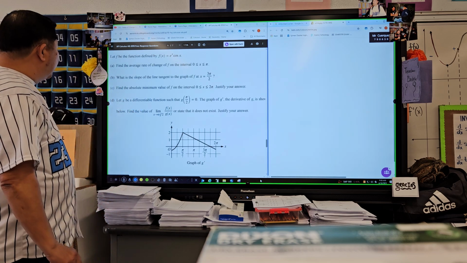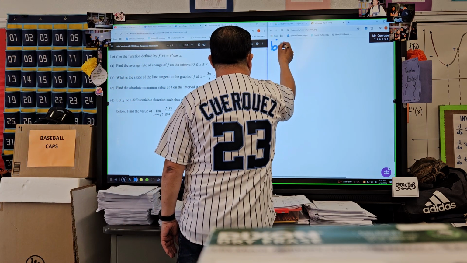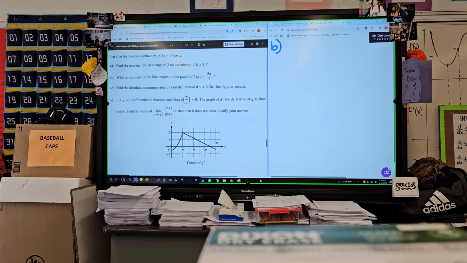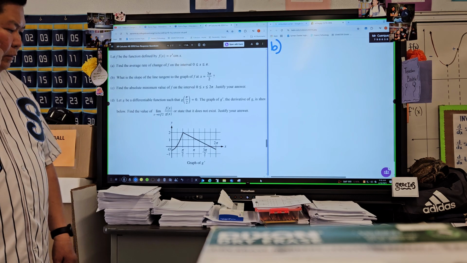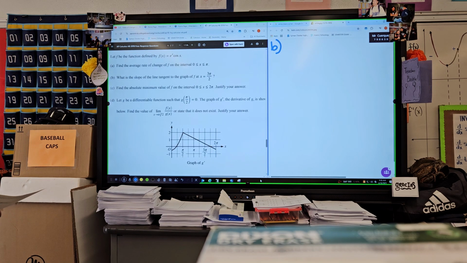So moving on to the next question. So we do question B. Diego, can you read the problem for me, please? Let f be the function defined by f of x equals e to the power of x cosine x.